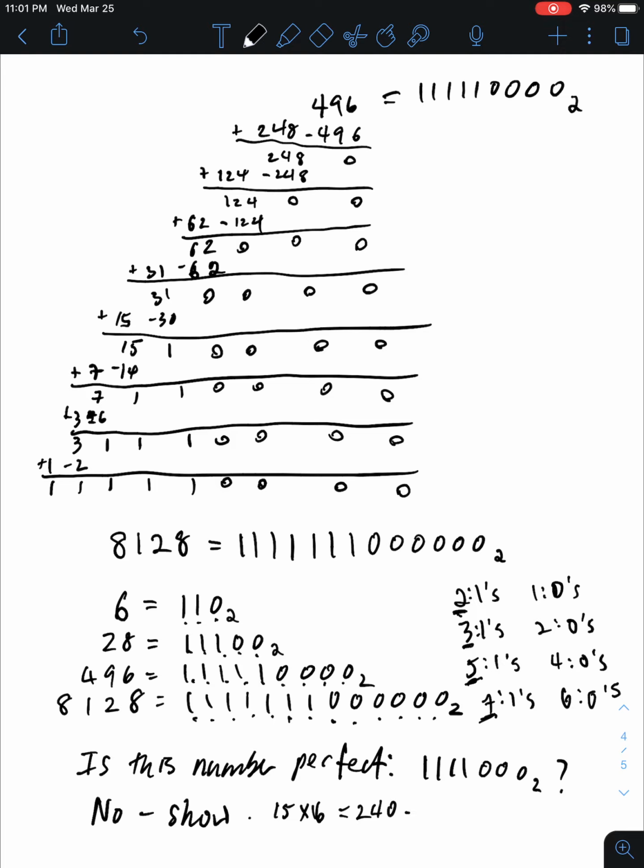I think that's 240. So try factoring that number, 240. Find a list of divisors and show that it is not perfect. So that, at least, gives us some handle on a pattern.